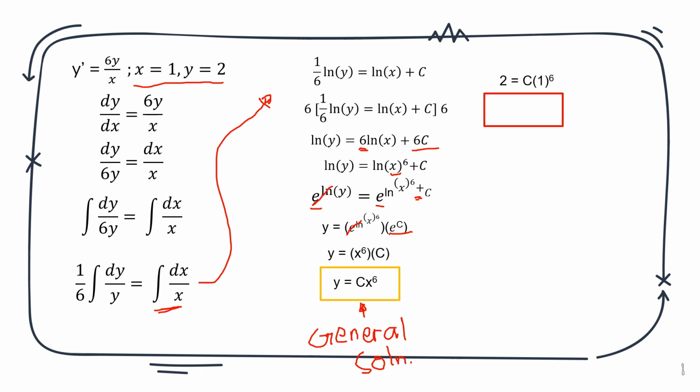So, basically, ang c natin ay 2. So, ito na ang magiging particular solution natin.